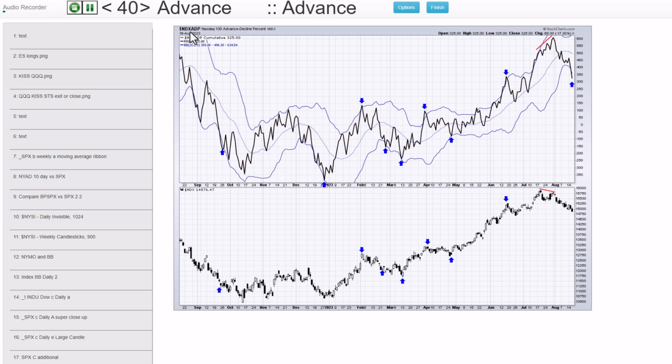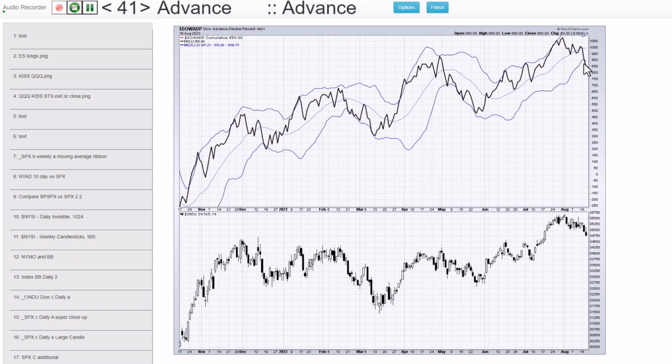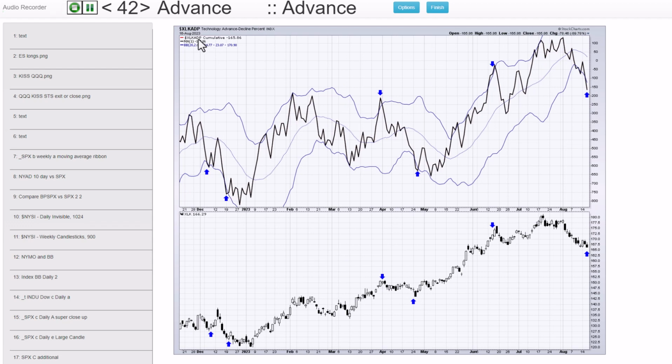Chart 40, here's the advance-decline for the NASDAQ 100, also below its lower Bollinger Bands. And you can see the past sell signals and buy signals have been pretty good. So that's something to take notice of. Chart 41, here's the Dow, also below its lower Bollinger Bands, right? Next, chart 42, here's the advance-decline for the XLK ETF, same deal, below the bands.